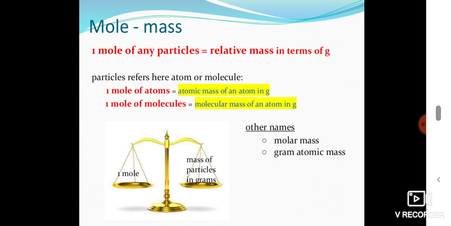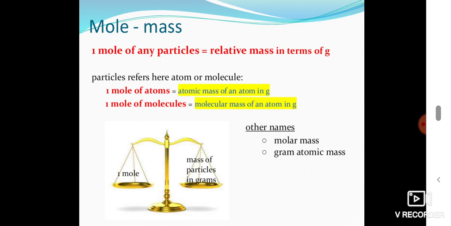We know that a molecule is made up of atoms, isn't it? A group of atoms is known as a molecule. So the sum of all the atomic masses in the molecule gives us the molecular mass.